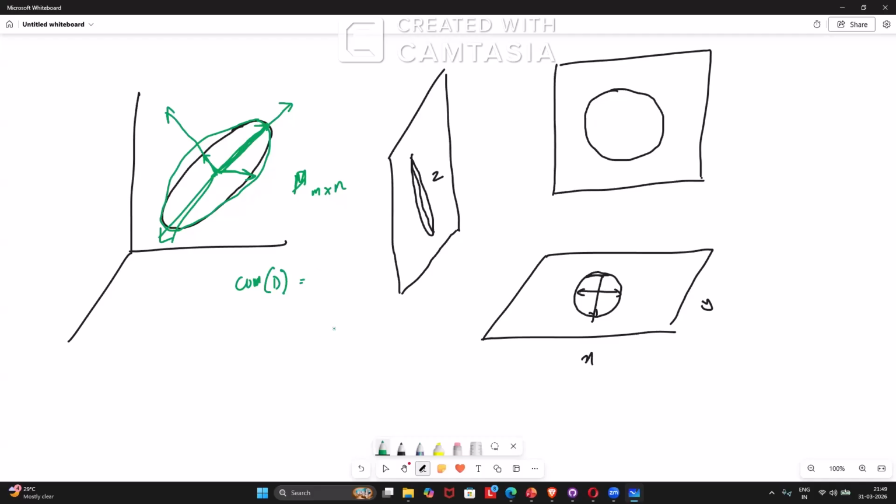And from that covariance, we need to find the axis which is having maximum variance, right? And that should be orthogonal. And to get that, we can consider the eigenvalues and eigenvectors of this covariance matrix.